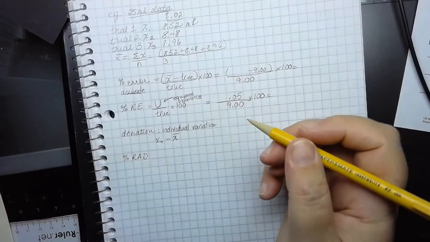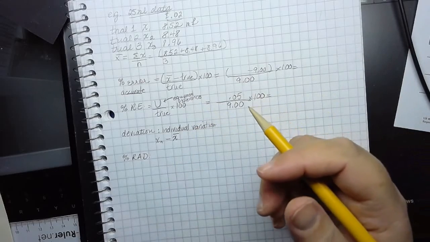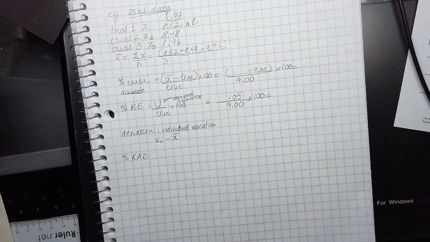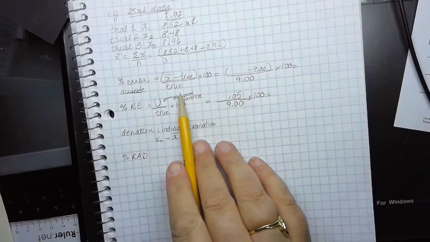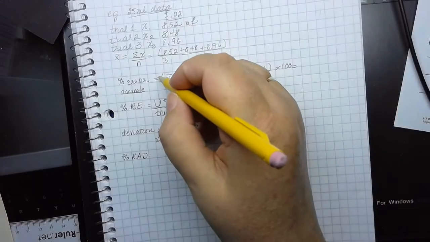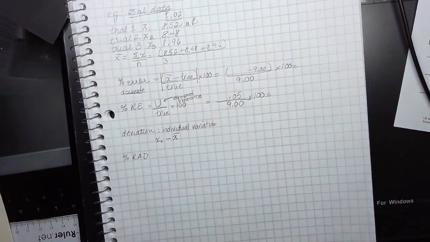Now, because we're looking at amount of difference, we don't really care whether it's too high or too low. We just care that it's different. Same thing's true about percent error. In many cases, all we care is that it's just not right. And so we're only going to be looking at bias as a function of how large a difference it is.